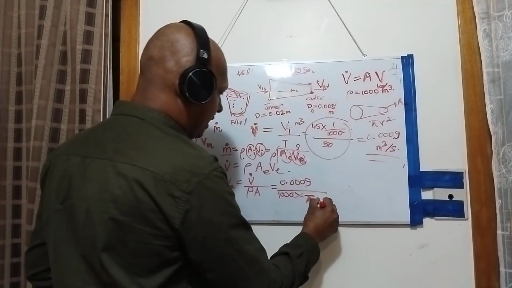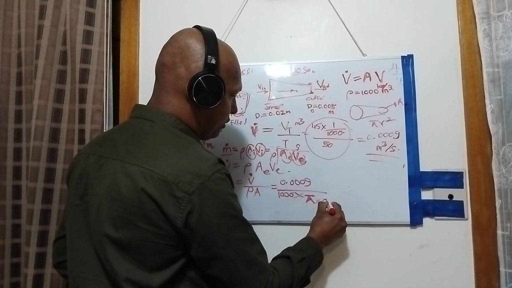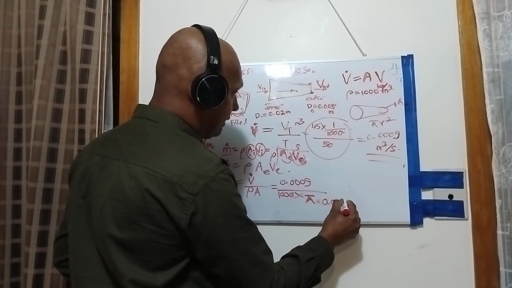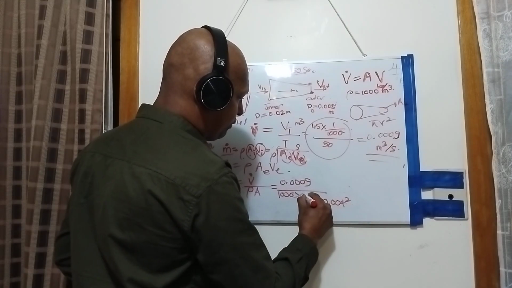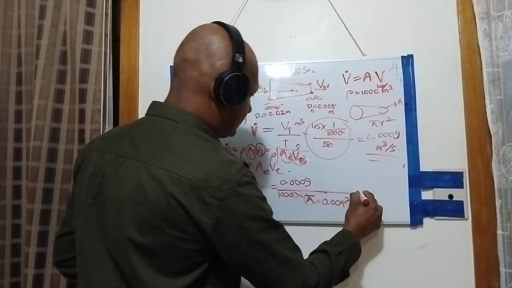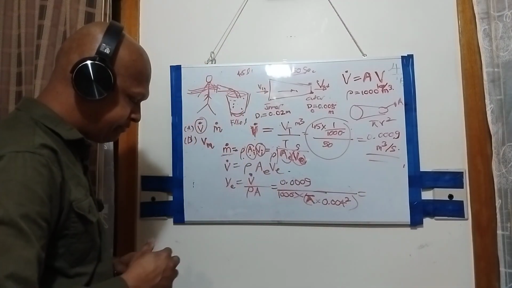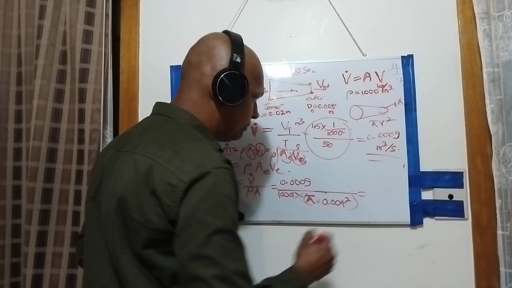So pi times 0.008 is the diameter, 0.004 will be the radius, so pi r squared. So that comes down to VE, which is 17.9 meters per second.